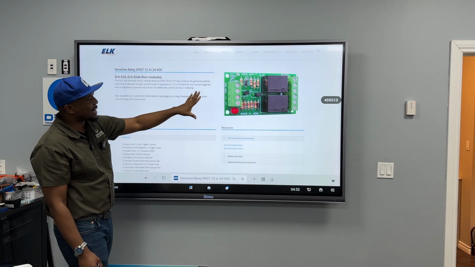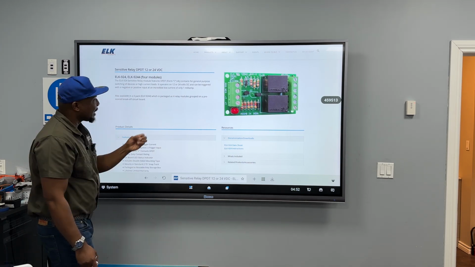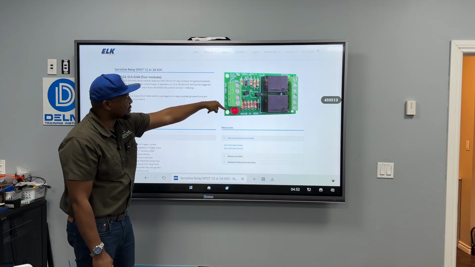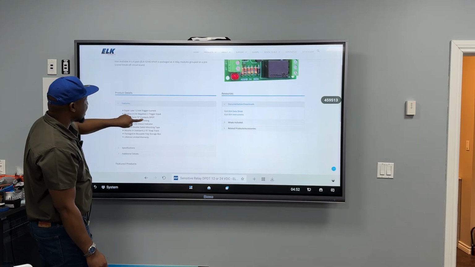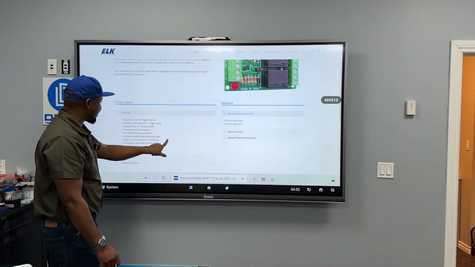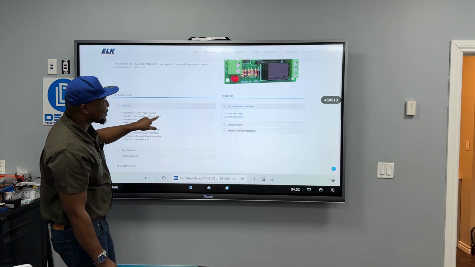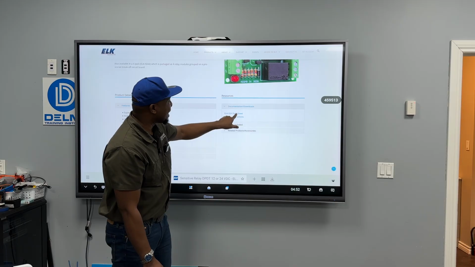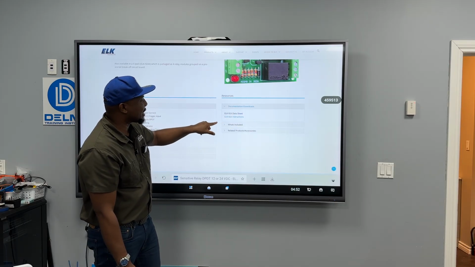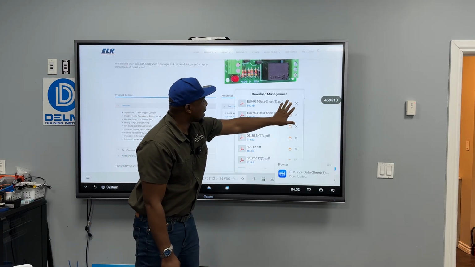So all that the data sheet is going to tell me is how much current this is going to draw for the trigger. It's going to tell me what voltage I have to put on the positive and negative trigger. It's also going to tell me so many things, and I get that from the data sheet. So by clicking on the data sheet, I'm able to download it and open it up.